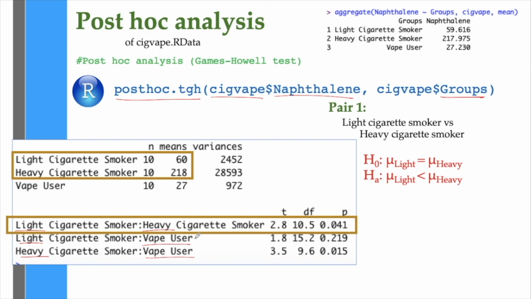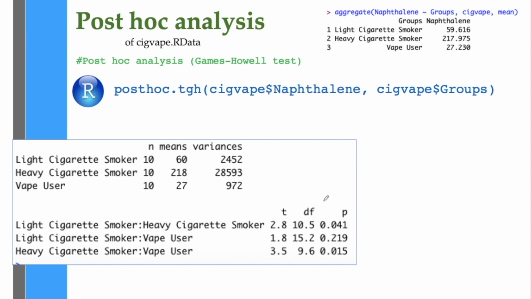And for the alternative, since the mean of the light smokers is less than that of the heavy smokers, the alternative hypothesis is that the mean naphthalene of the light smokers is less than the mean naphthalene of the heavy smokers. Then we just have to take a look at the p-value here, which is less than 0.05, so we reject the null hypothesis, which implies that the mean naphthalene of the light smokers is less than that of the heavy smokers.